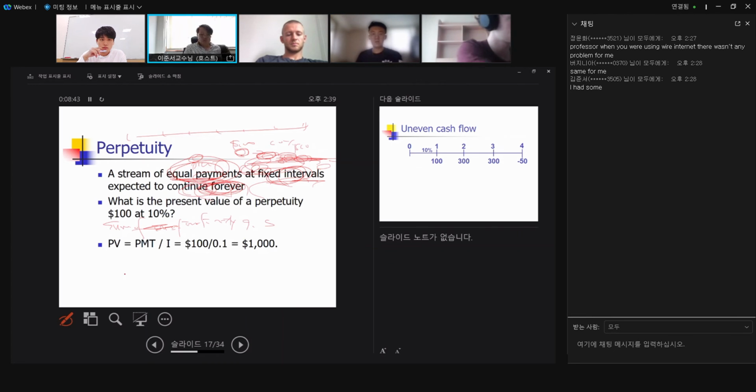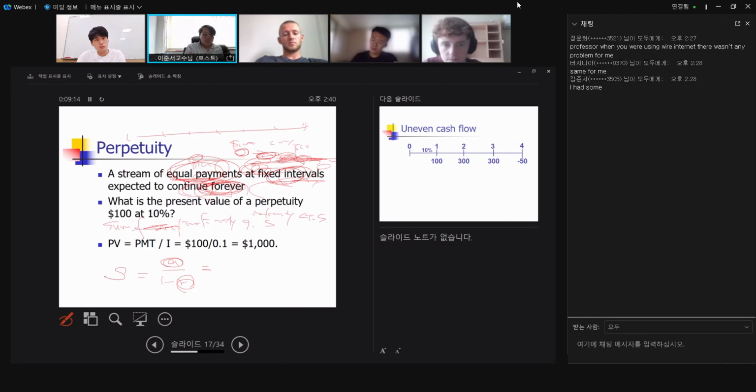By definition, the sum of an infinite geometric series is A divided by 1 minus R. A is the initial term, R is the common ratio, same as the sum of a finite geometric series.